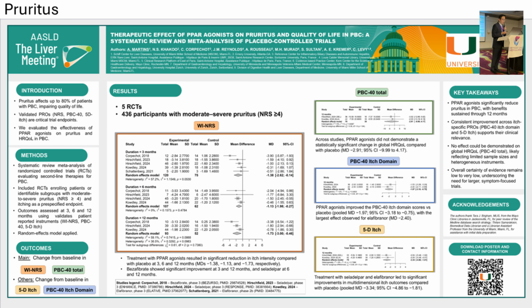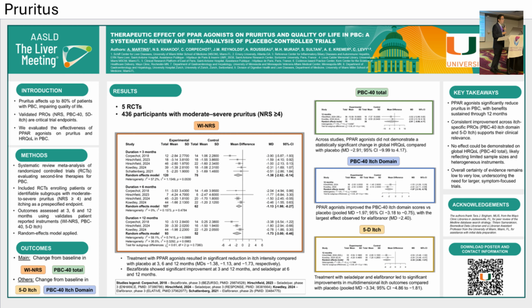How about pruritus? As I mentioned earlier, the only one that has significant improvement in pruritus score is seladelpar compared to elafibranor. But again, it is not a head-to-head study, and we're talking about two different study populations. But if you group all the different PPAR agonists together and look at their combined effectiveness in reducing pruritus, they seem to be effective, with data from the earlier fibrate study.